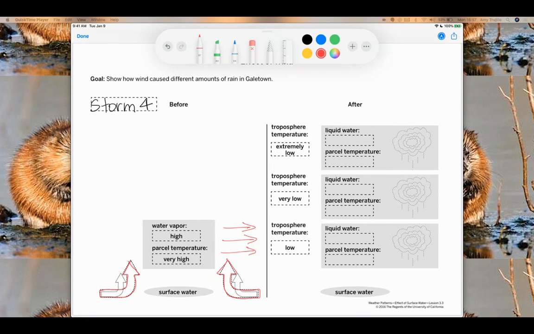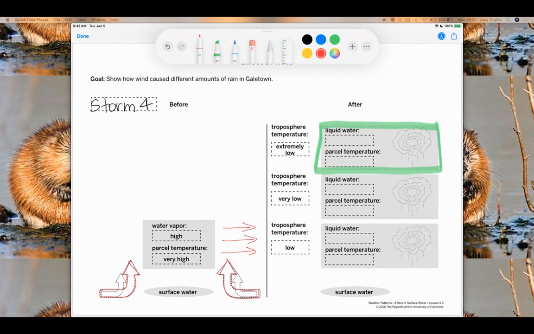So now what we're going to do is figure out which of the parcels we're going to actually draw out. Remember that the higher a parcel goes up, the more that air parcel cools, and the more rain and the more severe. So we actually want to use our 3rd air parcel here to talk about what the liquid water was and what the temperature was.